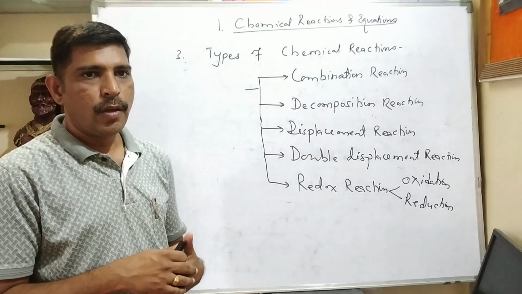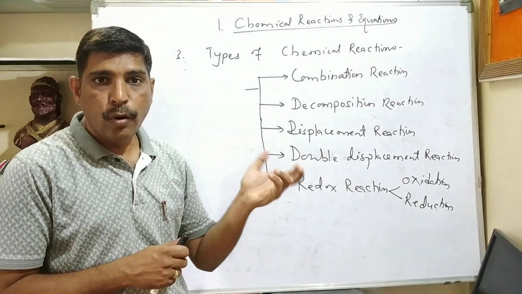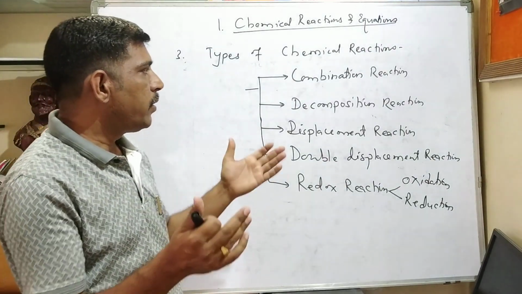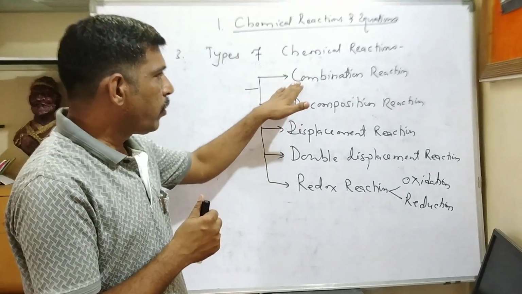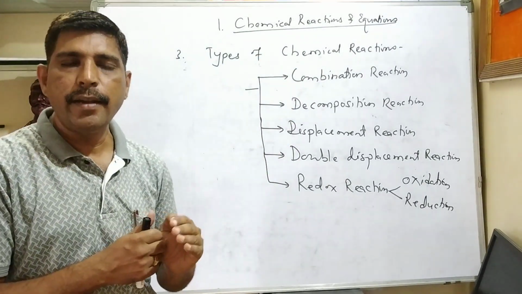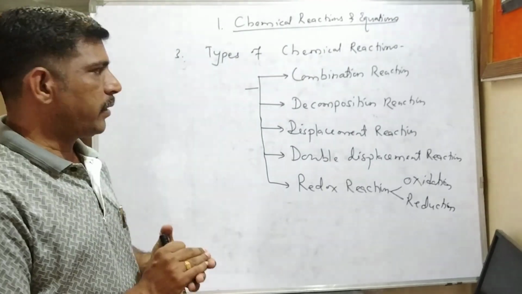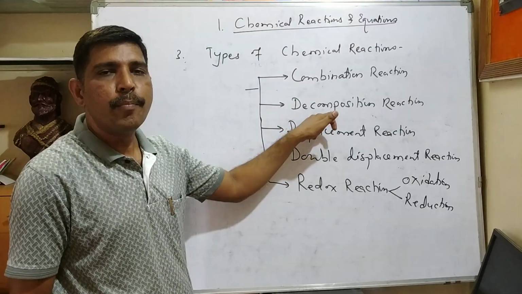Sometimes from the name only we can understand the mechanism or the nature of the reaction. For example, in combination, two or more reactants combine together and a single product may be formed. The word combination itself indicates that the reactants get combined, fused together. Then, opposite to the combination reaction is the decomposition.